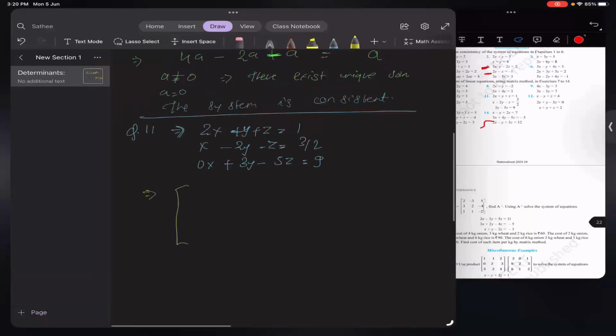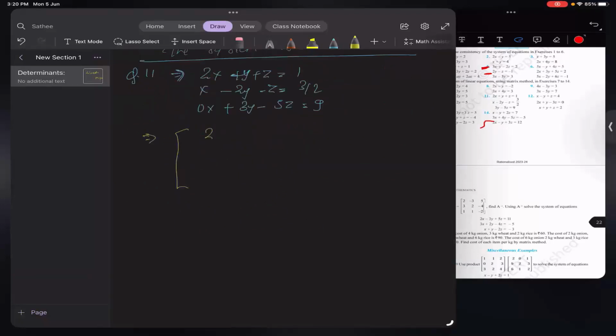This is 2, 1, 1, then 1, minus 2, minus 1, and 0, 3, minus 5, and now the variable matrix, and this is equal to 1, 3 by 2, and 9. Again, we first check whether the determinant condition is fulfilled. Firstly you need to find the determinant, whether it is zero or non-zero.